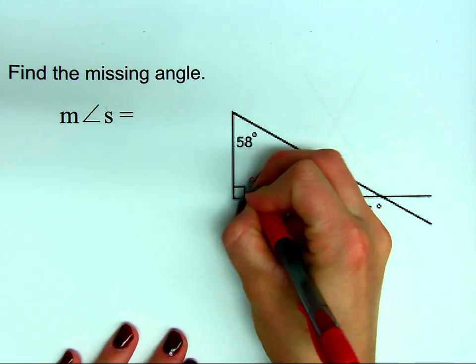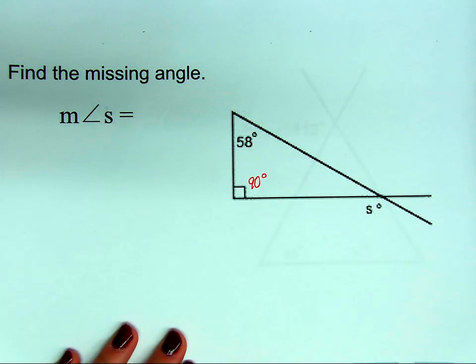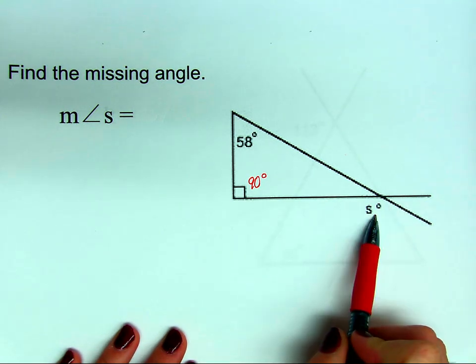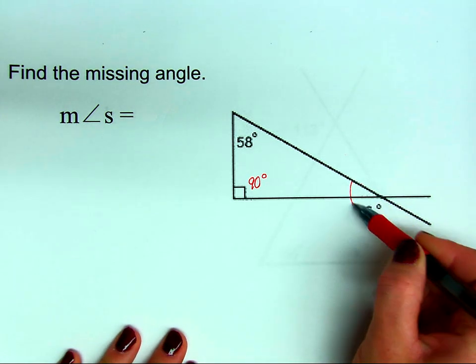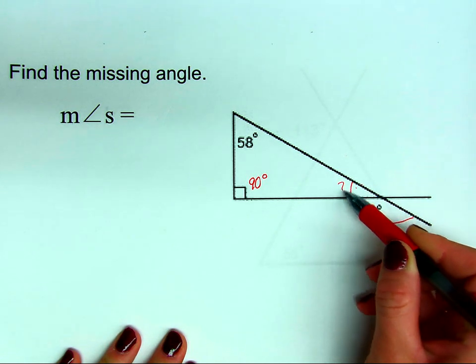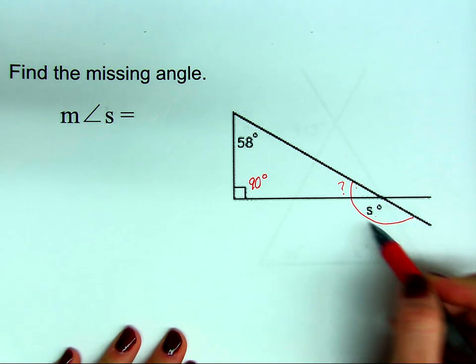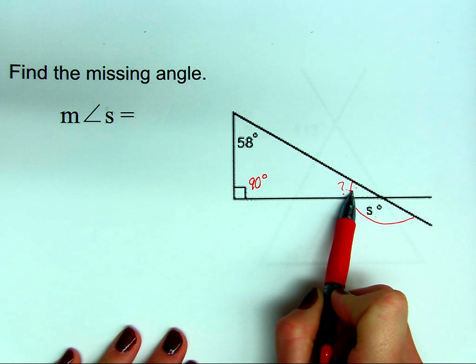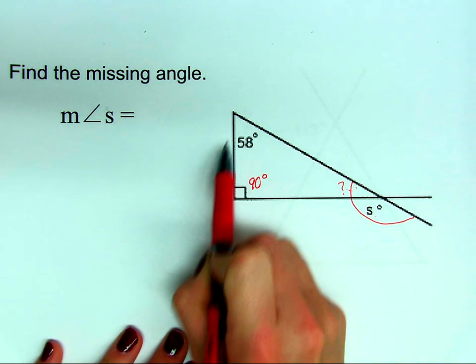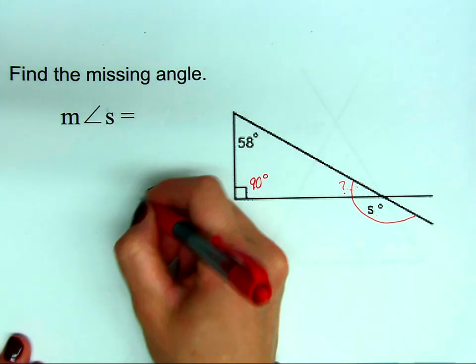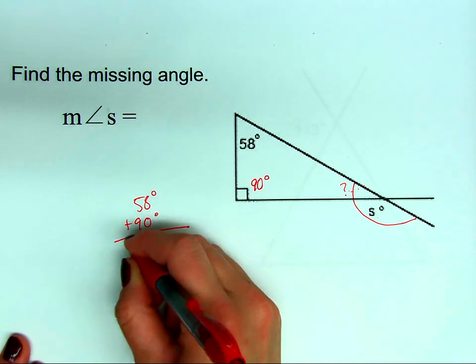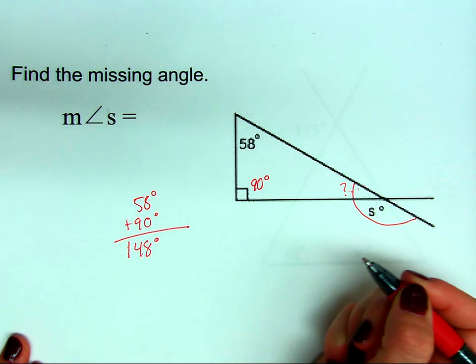Okay, so remember, this is 90 degrees. If I'm evaluating, I need to find S. I know S and this other angle here that I don't know will make 180 degrees. So I can find S if I know this angle, and I can find this angle because I know the other two inside our triangle here. So 58 degrees plus your 90 degrees makes 148 degrees.